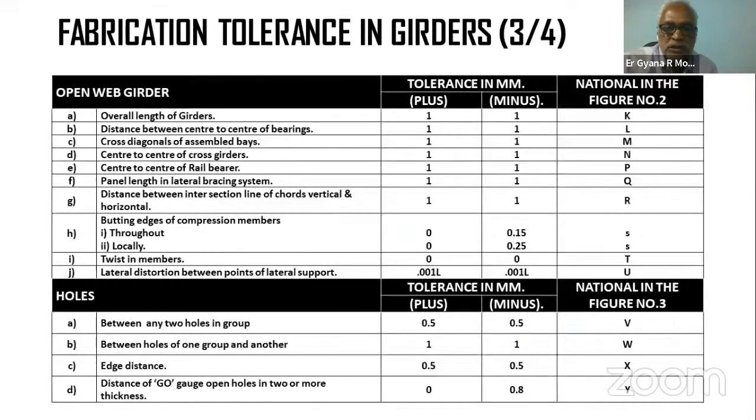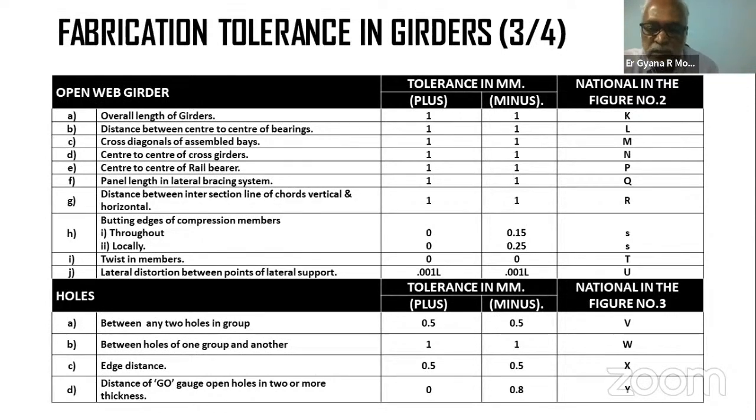Then for holes, the tolerance of the holes is extremely important nowadays, because earlier in railways, most of the girders were riveted girders. If there was a little mismatch in the holes, the hot rivet used to fill that, and the rivets used to take their load sharing in shear.